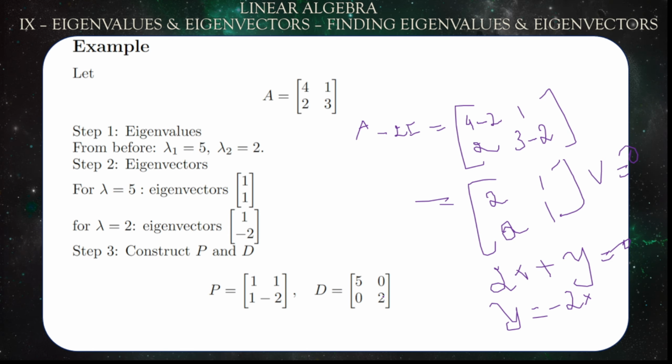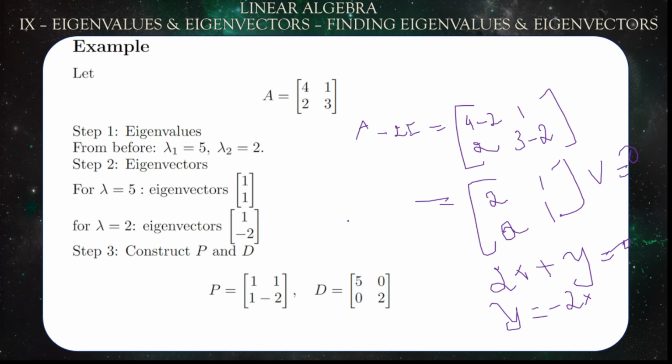Now, we need to construct D also. So what is D? D is [5, 0; 0, 2], which is basically lambda.